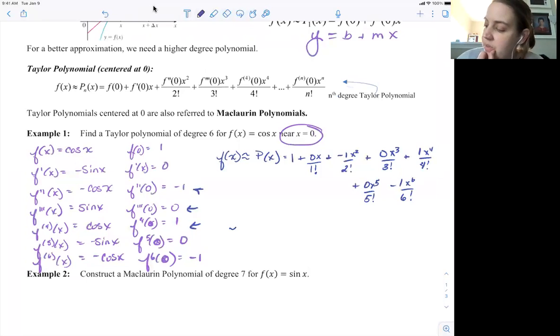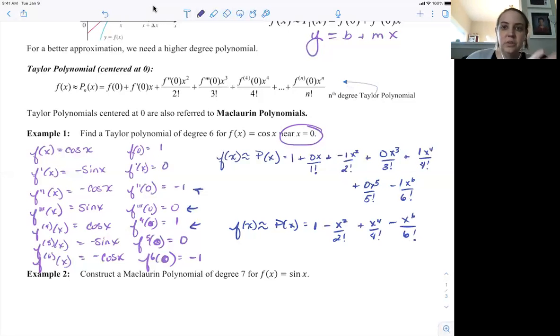Now, obviously anything with the 0 drops out, which is pretty great. So this will be 1 minus x squared over 2 factorial plus x to the fourth over 4 factorial minus x to the sixth over 6 factorial. Sometimes it's nice to have a number in there.